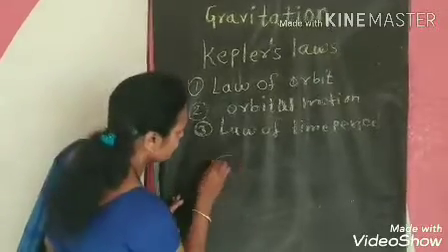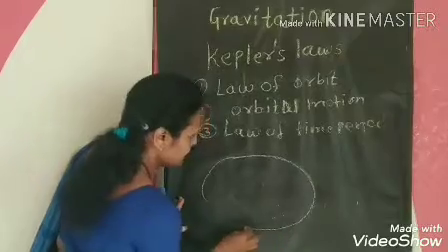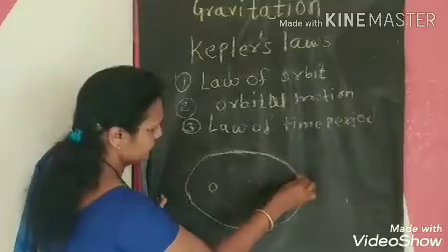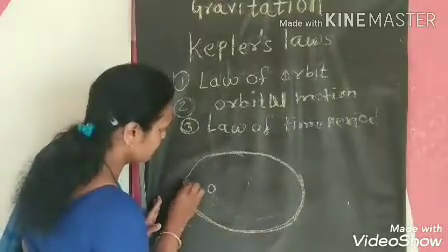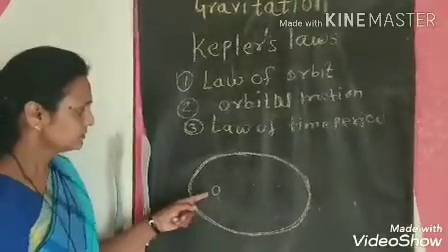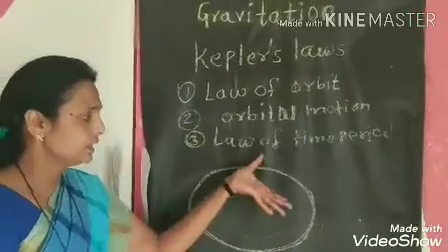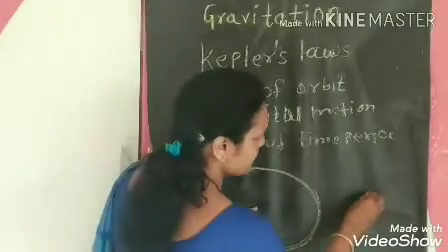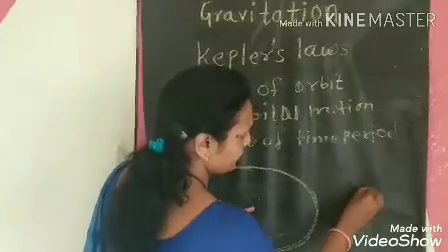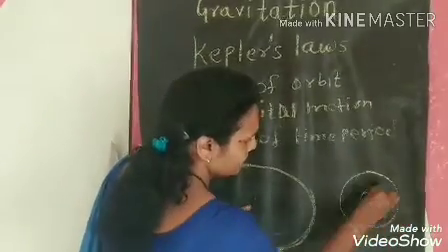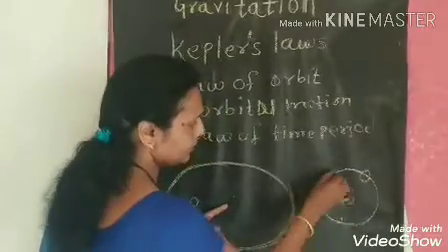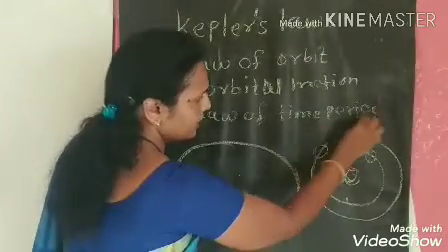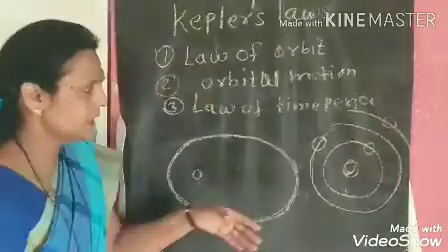Whose period of revolution? Suppose here is an ellipse, here is a sun, and planets are moving around the sun. All of you know there are different planets revolving around the sun. Suppose, as we see in 8th standard, here is a sun, here is one planet in one orbit, a second planet in a second orbit, a third planet in a third orbit, like this.